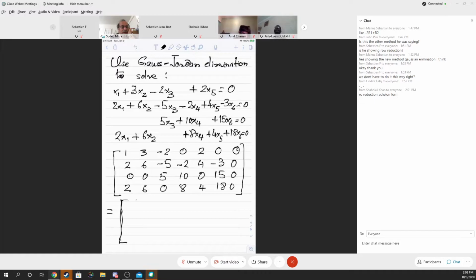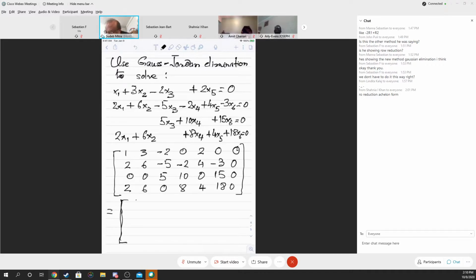Okay, wait a second. Yes, everything is fine. Good. So here's the augmented matrix. Augmented matrix means you add this column that's there.